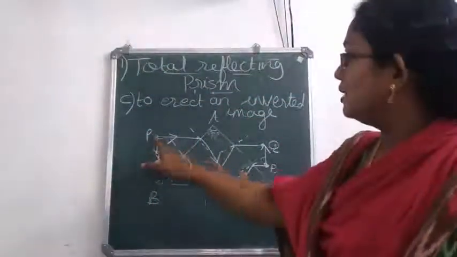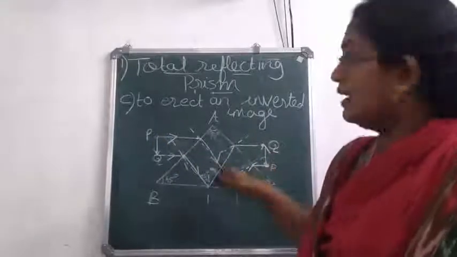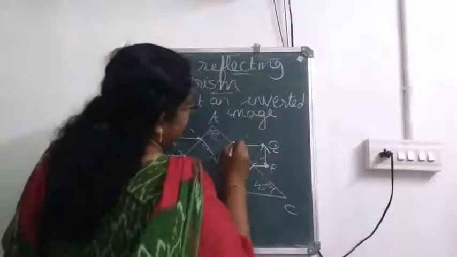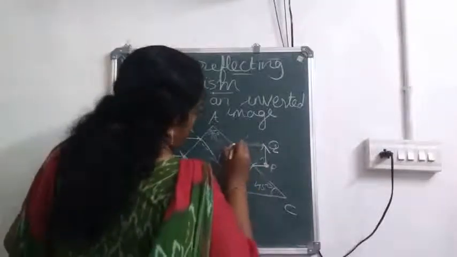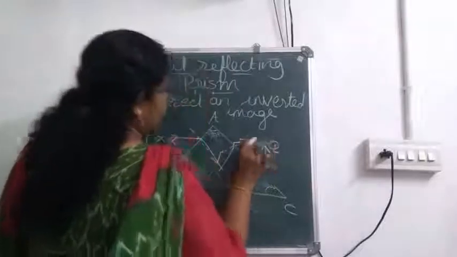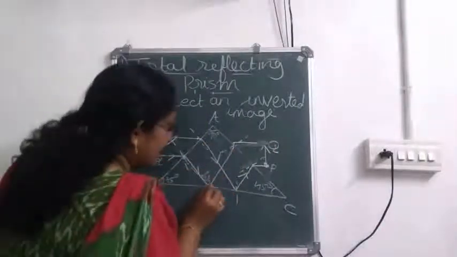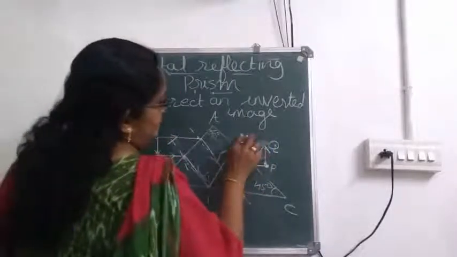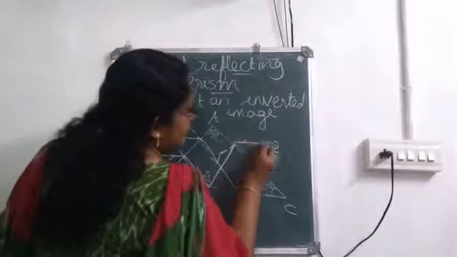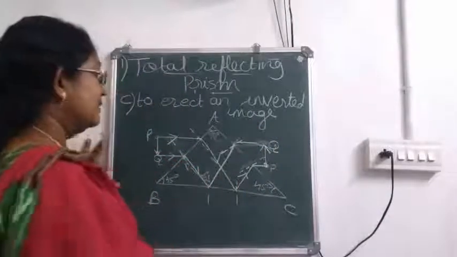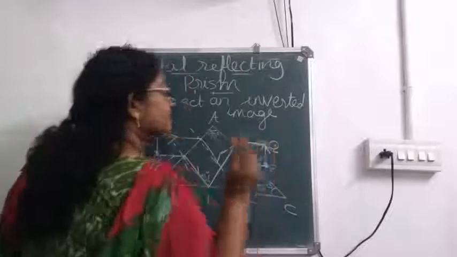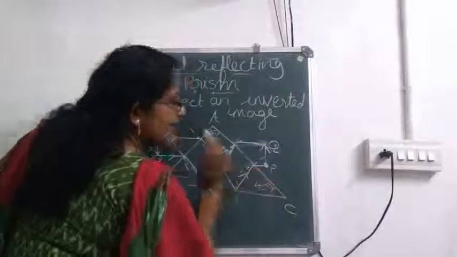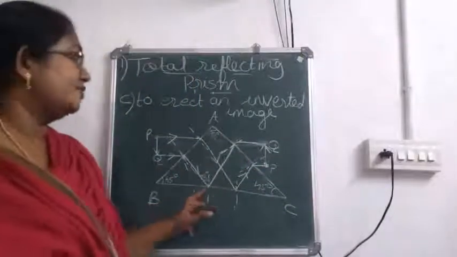Actually, when you draw, these two lines should come straight. Since I am not using the ruler, it's very difficult to draw. It should come like this, almost in the same straight line. So the ray gets erected using a total reflecting prism.